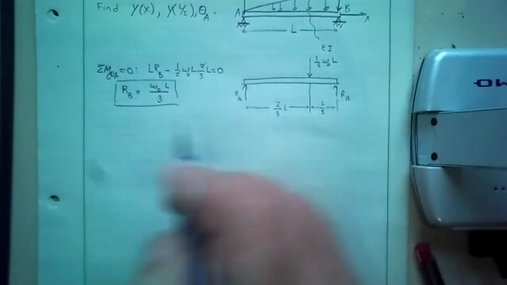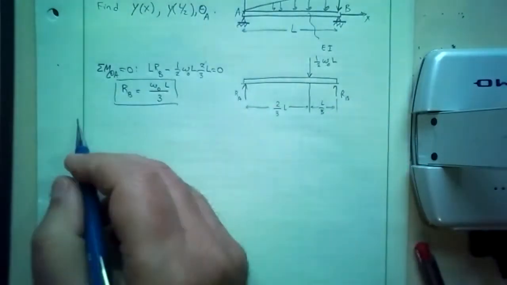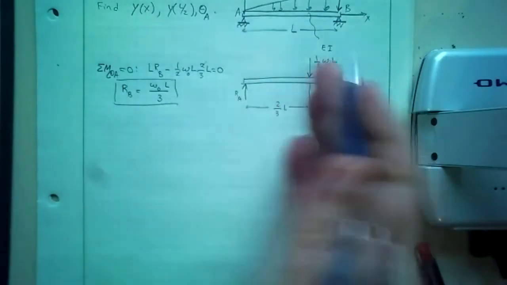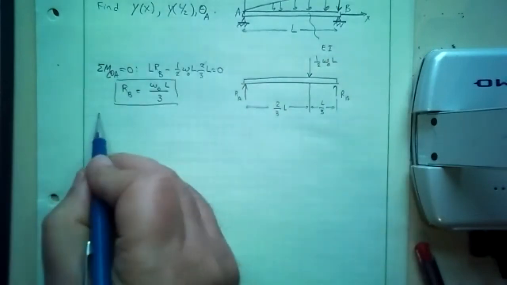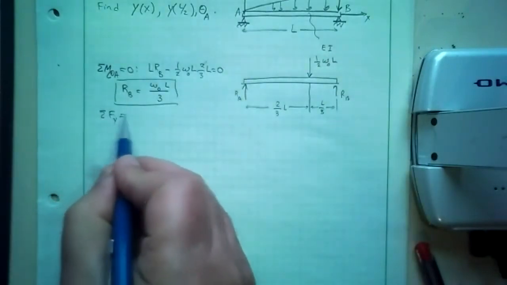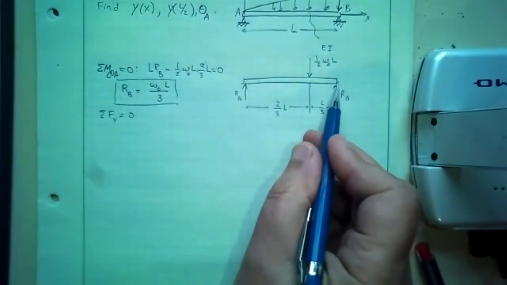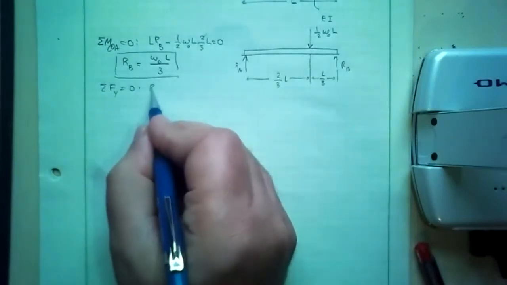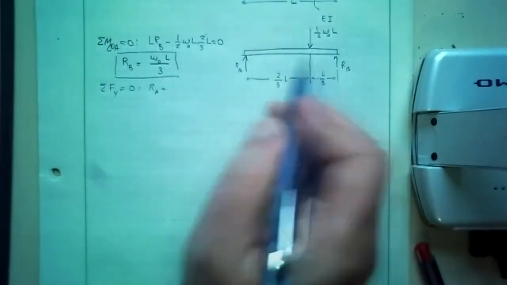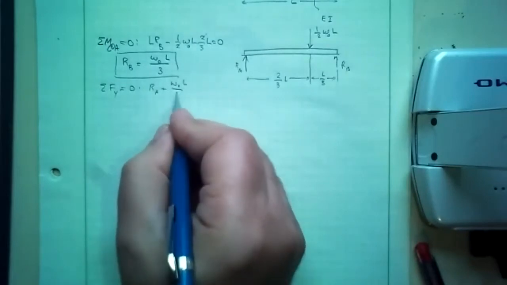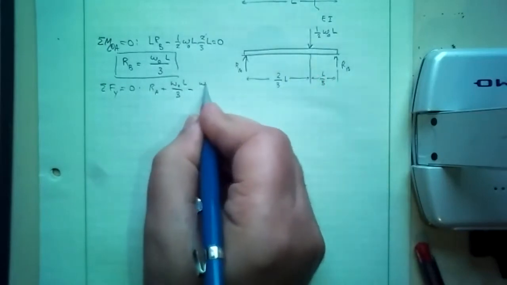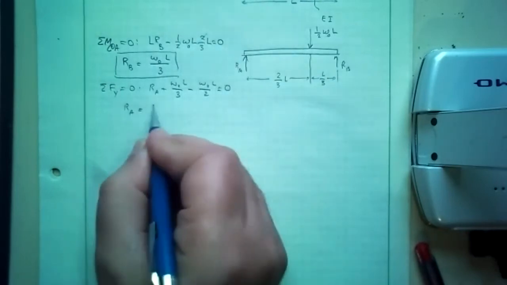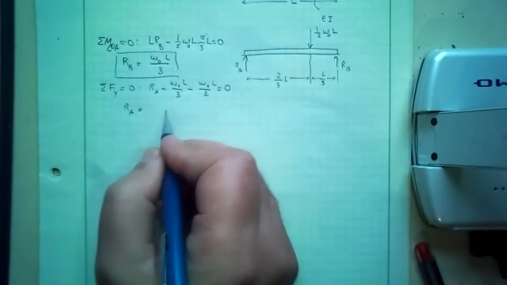And how do I find RA? And do I even need to find RA? I guess I just needed one of them. Doesn't really matter which one. Yeah, I'll find RA. I want to use the left side. So sum of the forces in the y equal to 0. That's what I should have done, taking a moment at B to begin with, but doesn't matter. In the y direction, I have RA plus RB, RB is, minus. So RA, common denominator is 6.